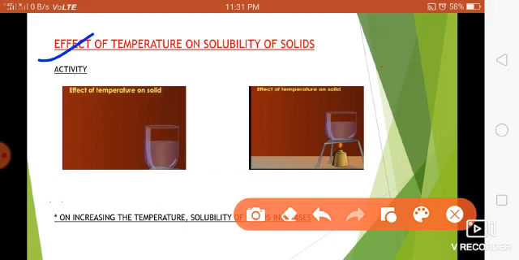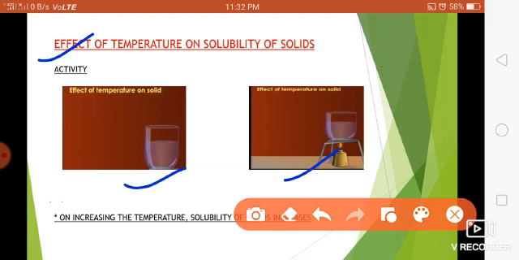For understanding this, again we'll do an activity. Here also we have to take equal volume of water in 2 glass tumblers. Here you can see we have taken 2 glass tumblers and equal volume of water in both of them. Then we have to heat the water in one of the tumblers.